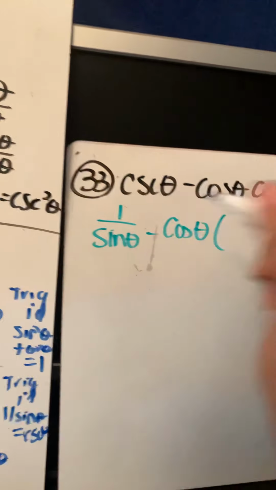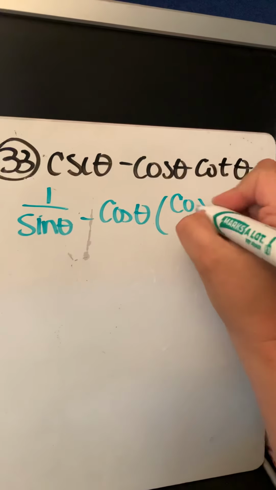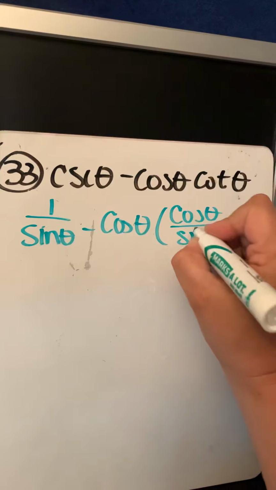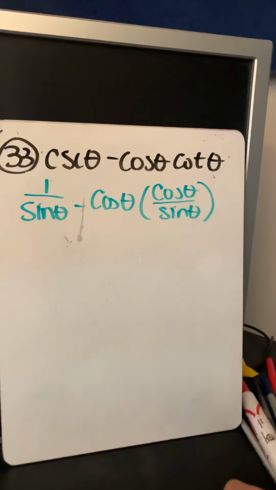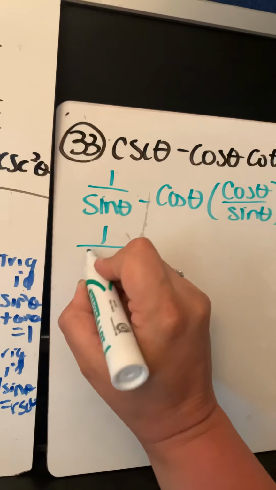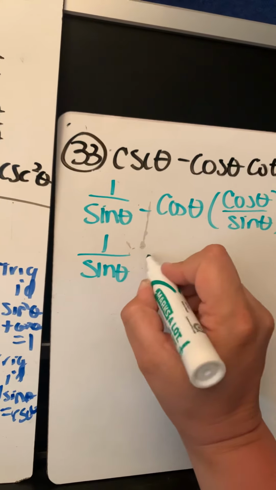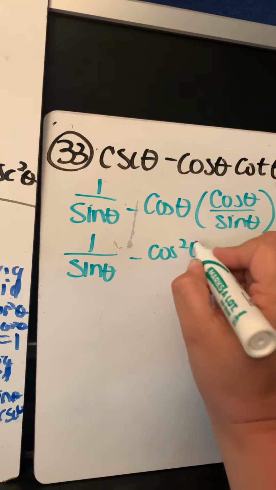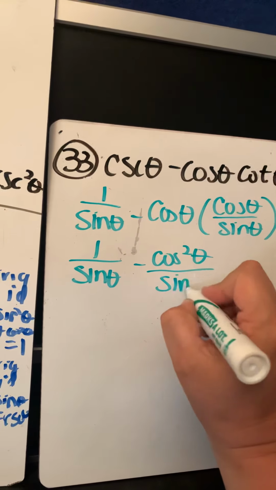Cotangent is cosine over sine. So I replace it. I'm going to multiply that. So I've got 1 over sine theta minus cosine squared theta over sine theta.